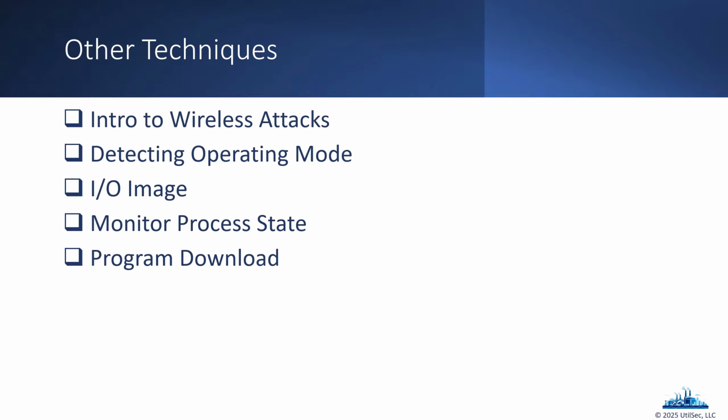Or you might say firmware download, right? In IT, I might think, I'm going to download it to my computer. When you say program download in OT, we're talking about putting that new version of firmware onto the PLC.